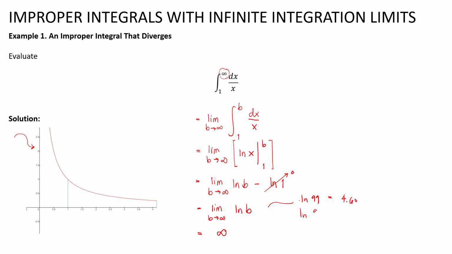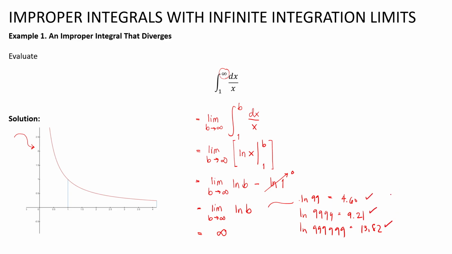If you put 4 nines, the value would be 9.21. If you put another large number, 6 nines, that will be 13.82. Notice that the values are increasing.